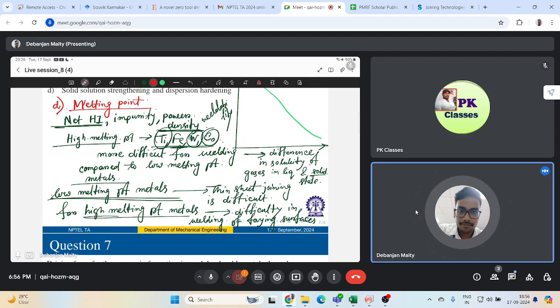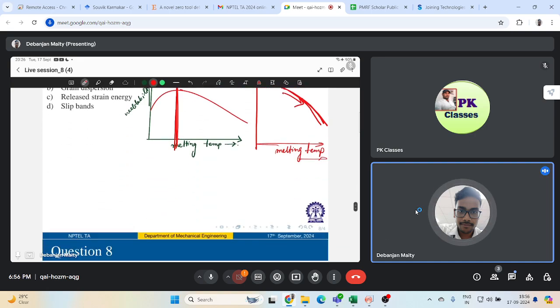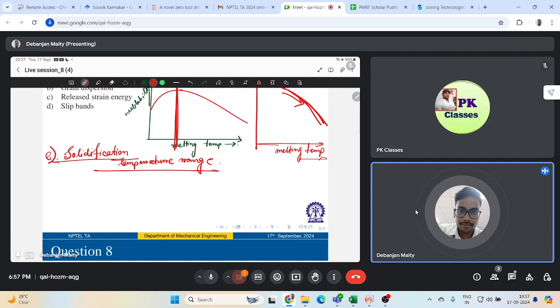Now, one parameter related to this melting point is the range of solidification. So the solidification temperature range is also important in weldability. How will my range of solidification affect my weldability?